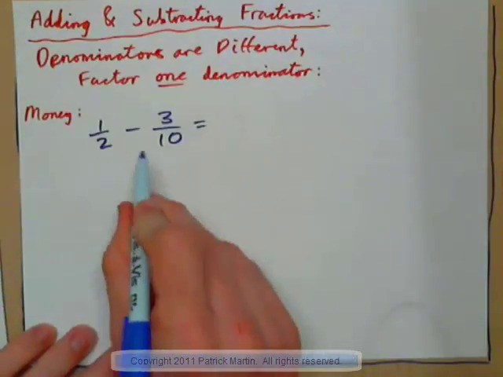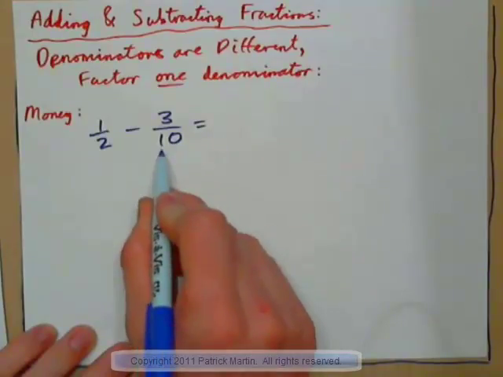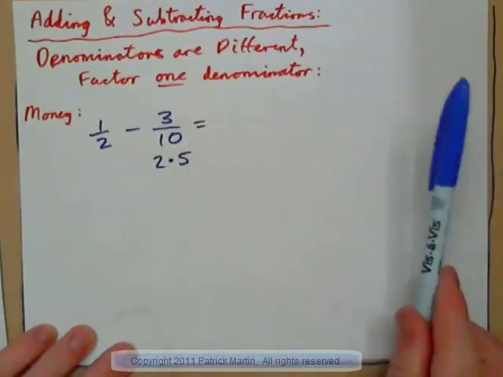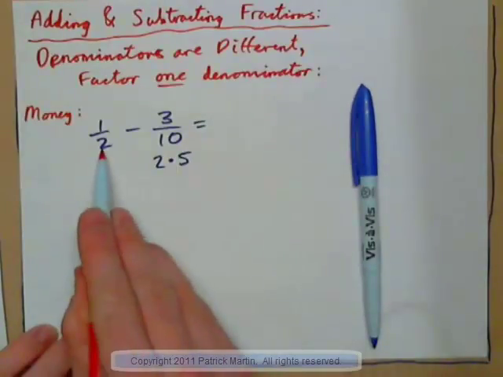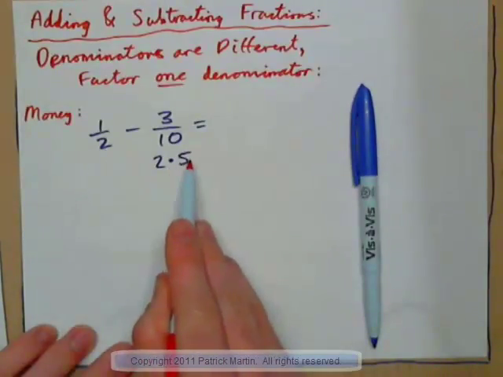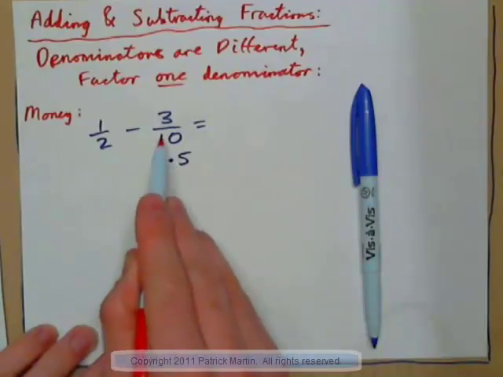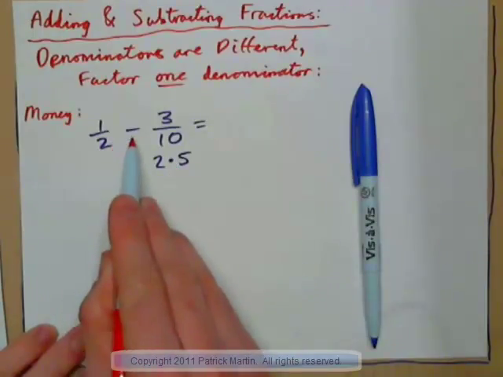Well, here's the procedure. We factorize one of the bottoms, in this case 10, and 10 is 2 times 5. In the previous session we saw that we need to make the denominators the same if we are to add or subtract fractions.